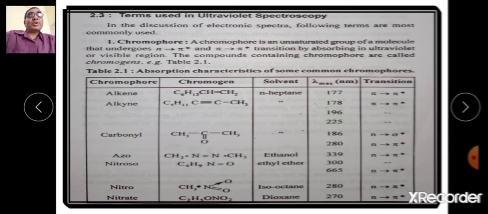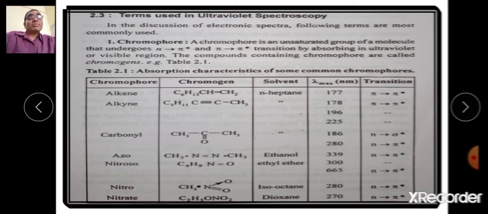Now, azo compounds, azo N double bond N, for example CH3 N double bond N CH3, in the presence of the solvent ethanol, the wavelength is increased. Why? Because there is more absorption, and therefore the transition is from n to pi star. Although there are pi bonds, lone pairs are available for transition, while in the first two compounds there are no lone pairs, and therefore only pi to pi star transitions.